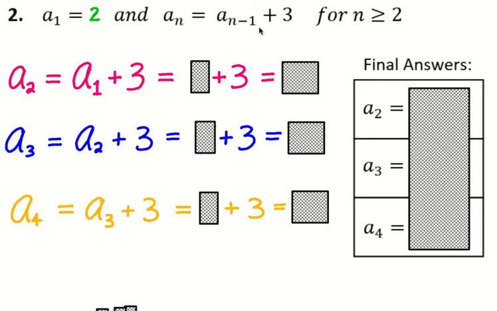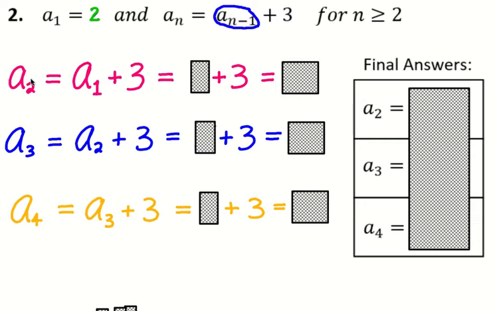So what I've been saying in class, this entire part of the formula, a sub n minus 1, you can basically just think of as whatever the previous term was.